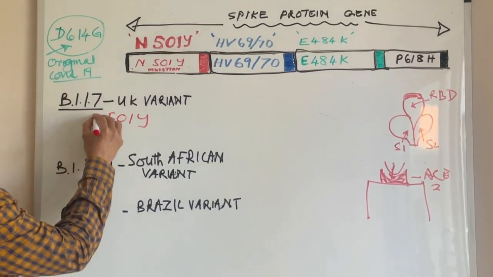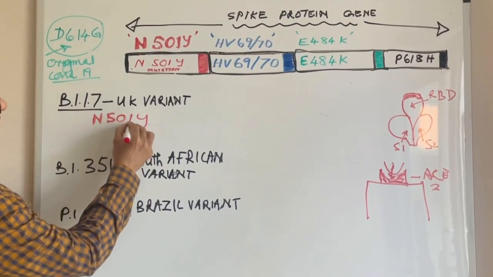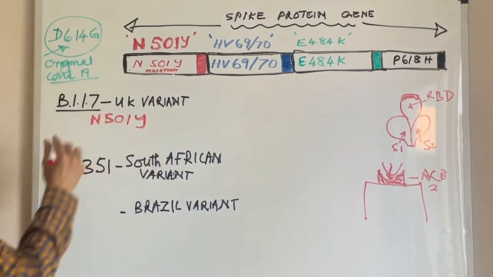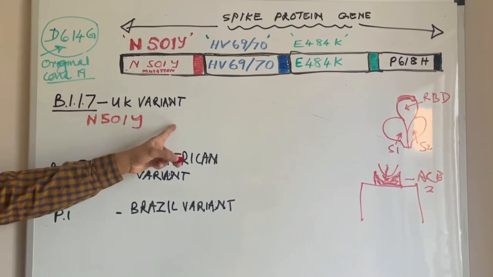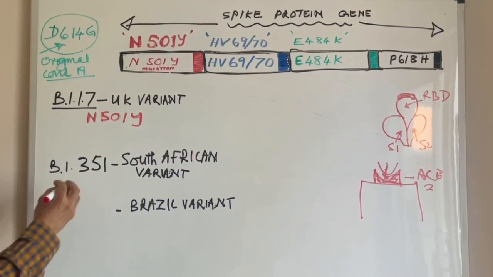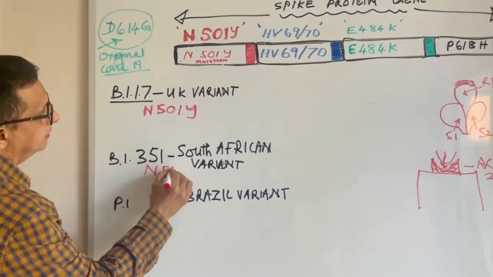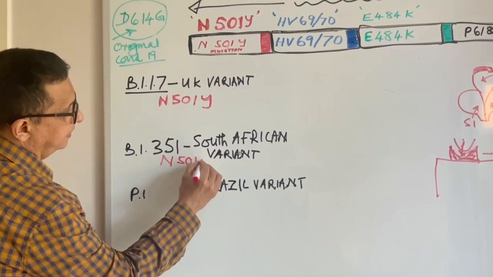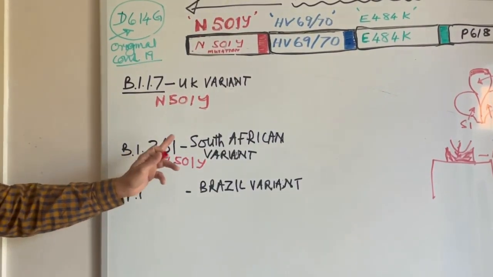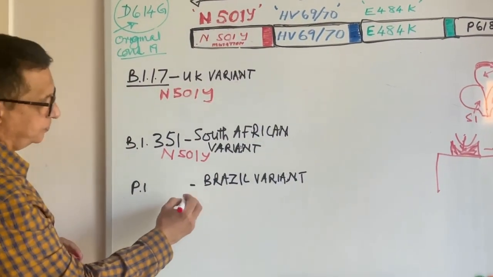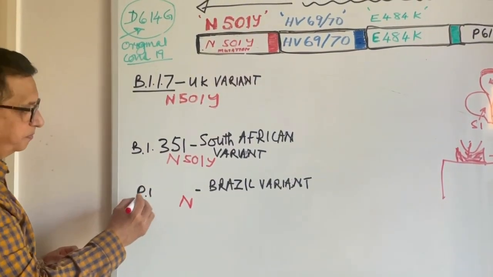It is known as the N501Y mutation, which is in B117, the UK variant, and it is found in the South African variant B1351, and it was found in the Brazilian variant, which was called P1.